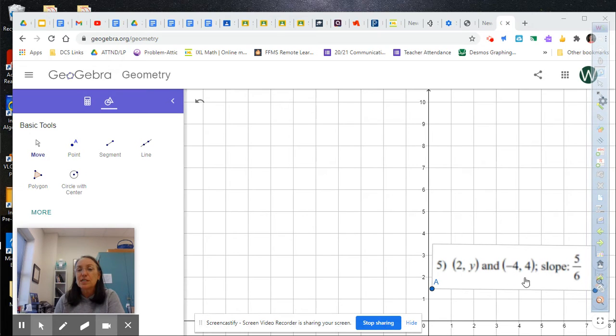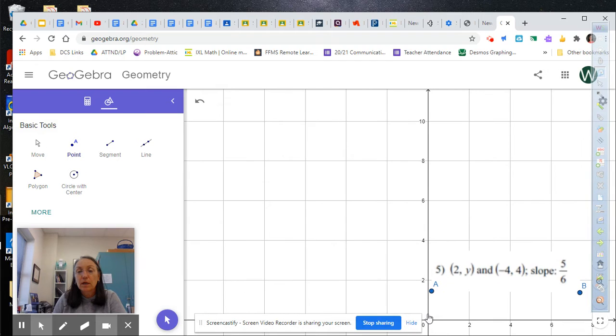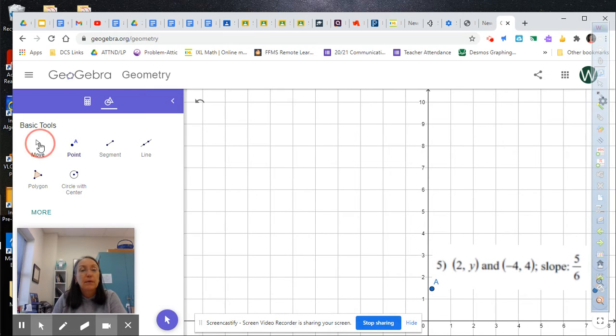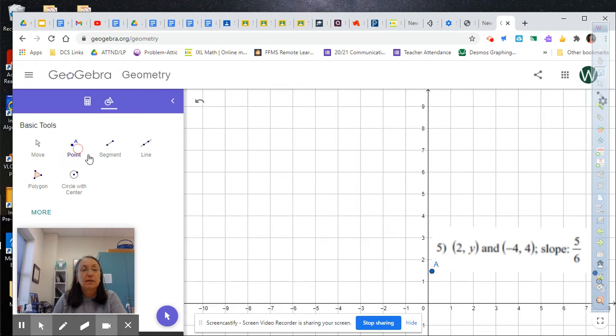So I'm going to use this point and the slope to graph the line. So I'll start off by getting a point, and I'll put a point at -4, 4. I may have to move this up just a bit so I can see it better. All right, so -4, 4 is this point. That's this second point. My slope is 5/6.